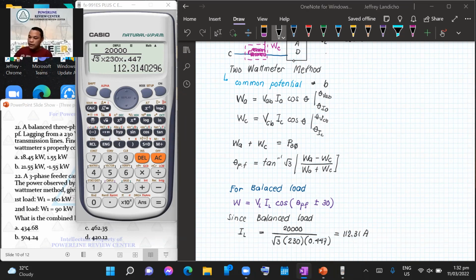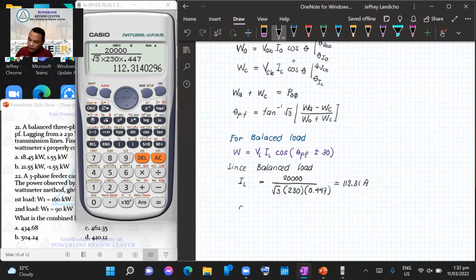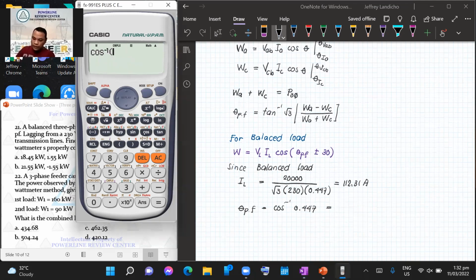So, next natin, kukunin natin yung power factor angle. The power factor angle is simply the inverse cosine of the power factor, 0.447. Okay? So, stored ko na lang ito kay A. Ano lumabas? 63.45 degrees. Tama yan, kapatid.